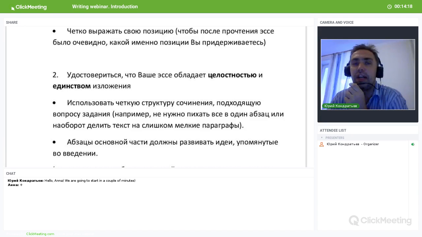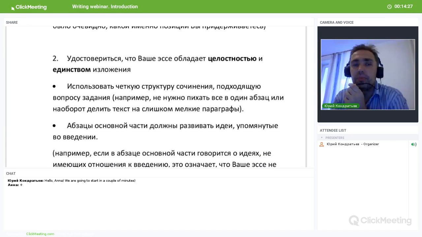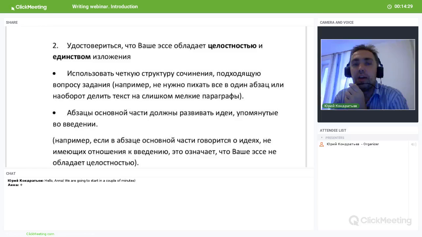For example, you shouldn't put too many ideas into one paragraph, or you shouldn't split text into numerous small paragraphs with some specific ideas. Right, so main body paragraphs, they should develop the ideas that were mentioned in the introduction. So your essay should be connected in this way.